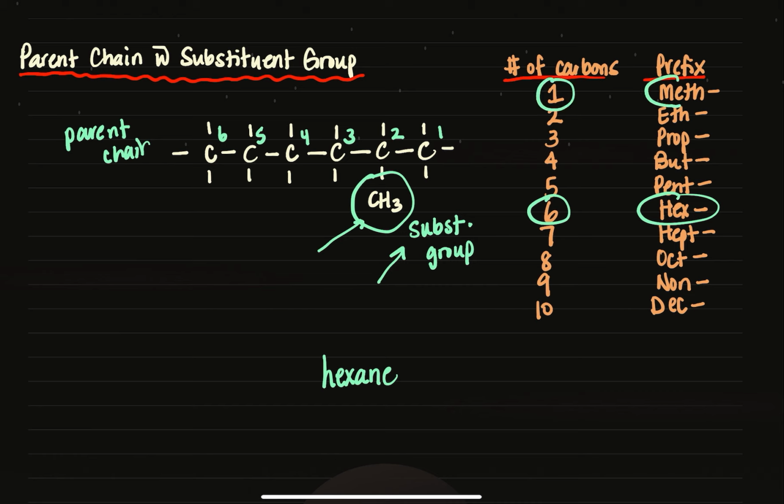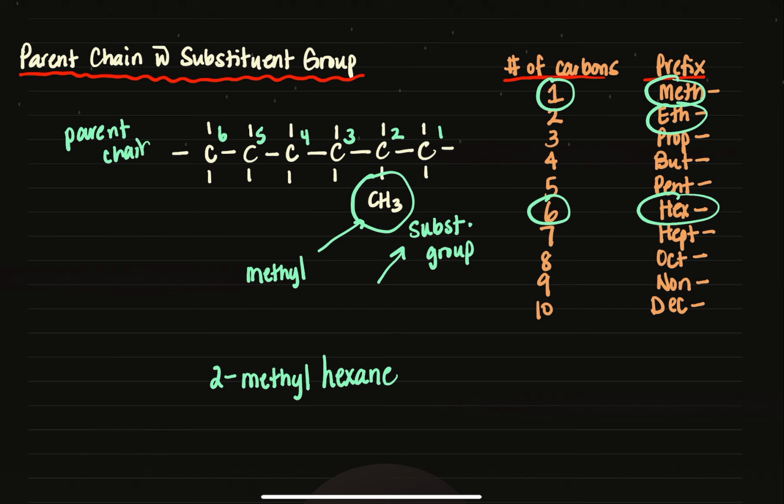So it's a 1 carbon, it's a meth, but we're not going to call it methane. As a substituent group, it's called methyl. And if, let's say, eth was a substituent group, you would call it ethyl. So in this structure, we're going to call this 2-methyl hexane. That's the name of this compound that has a parent chain and a substituent group.